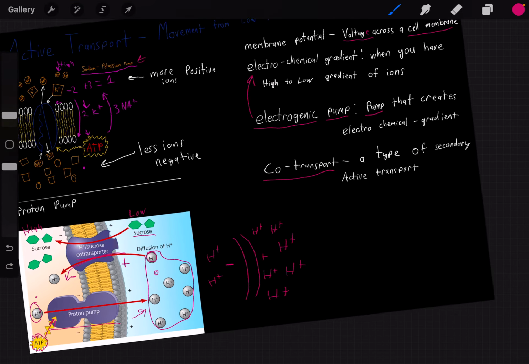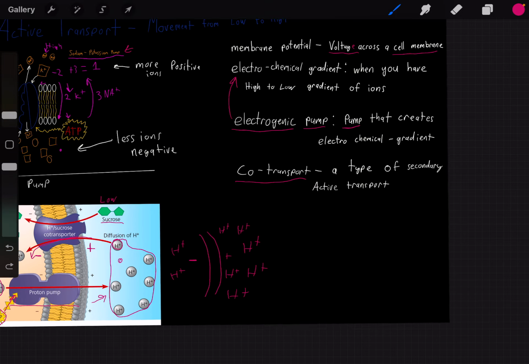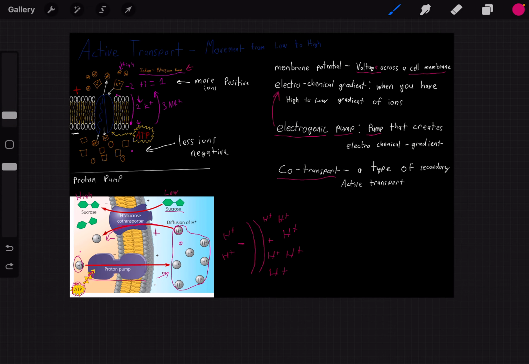So the cotransporter is just a type of secondary active transport that couples a downhill reaction, and that would be it for active transport. Active transport uses the ATP to bring stuff from low to high. That's all that means.